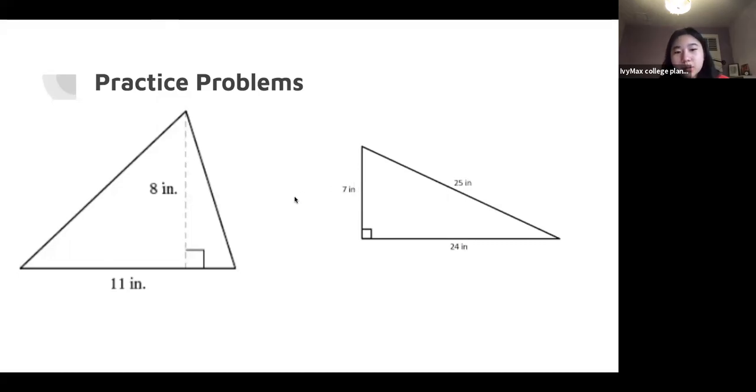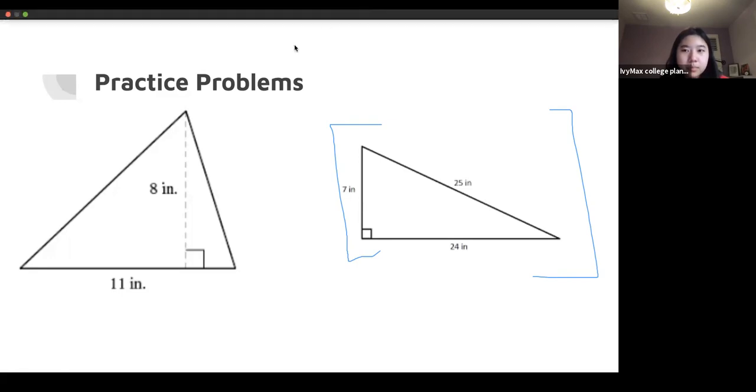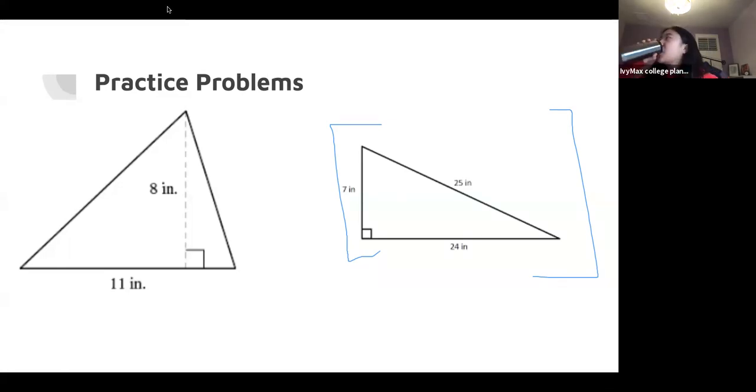Okay, so let's try the second one by yourself first. Okay, so Steven for the second one.